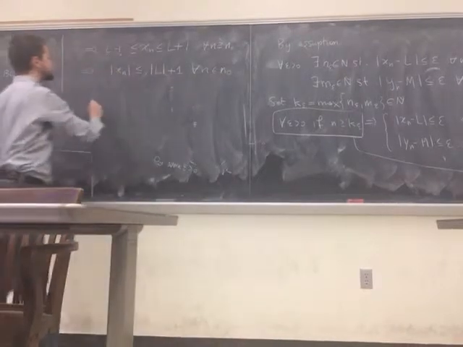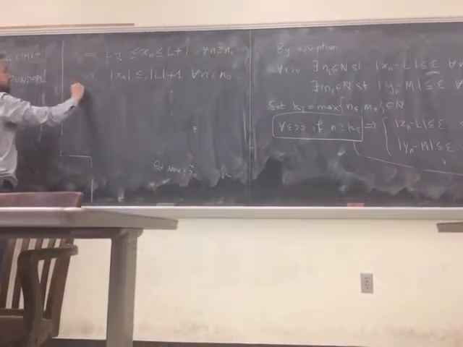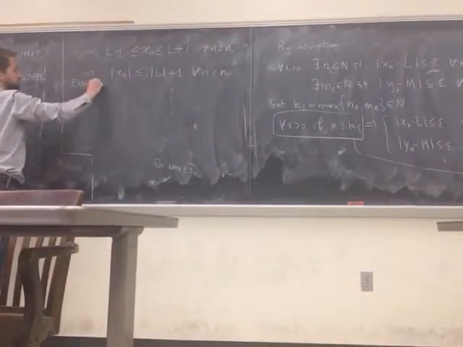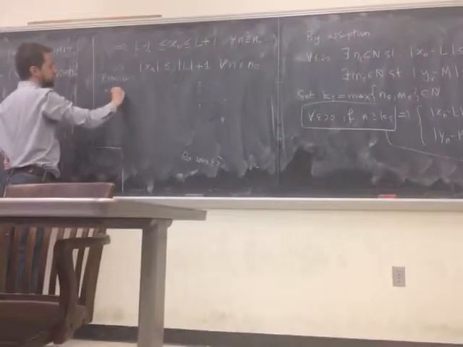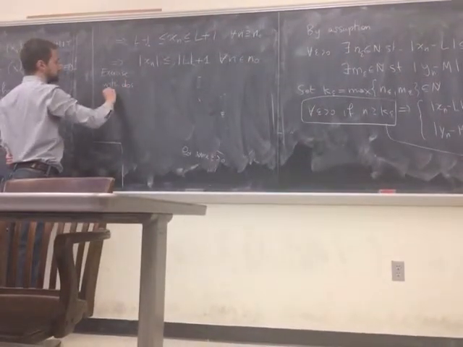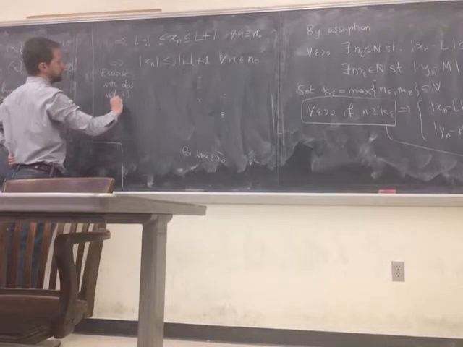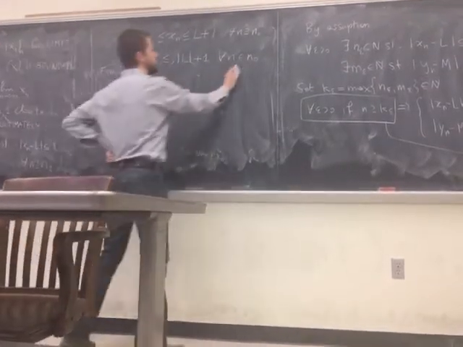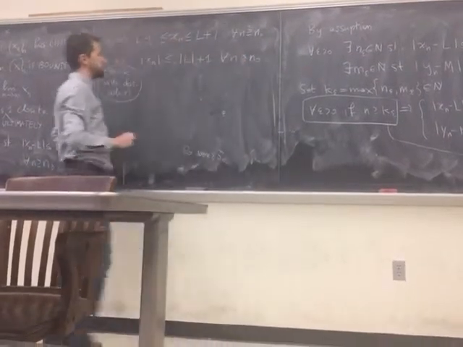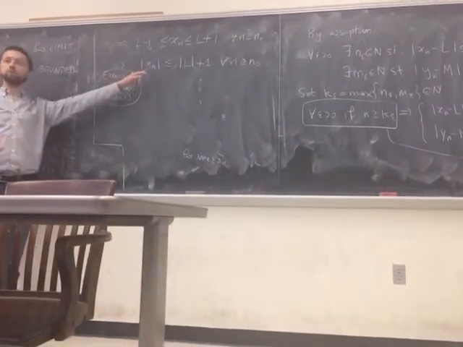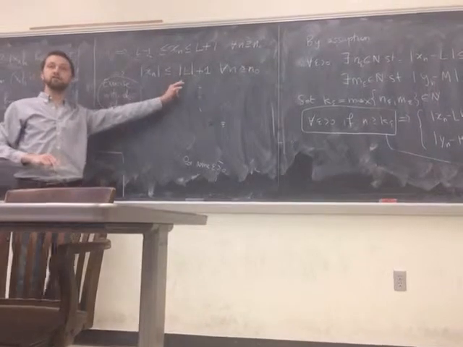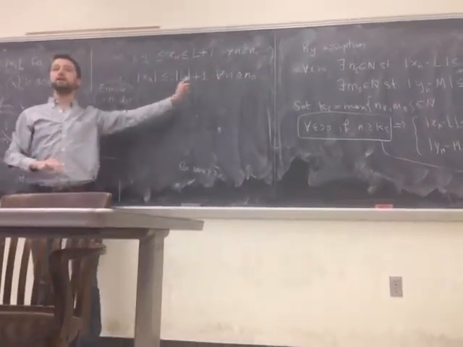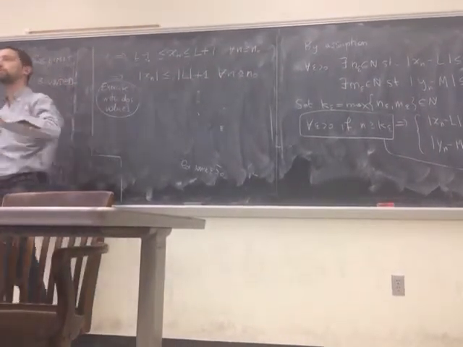That's a little exercise with absolute values. So we have proved that there exists a constant such that from a certain point on, the absolute values of all the terms of the sequence are less than that.